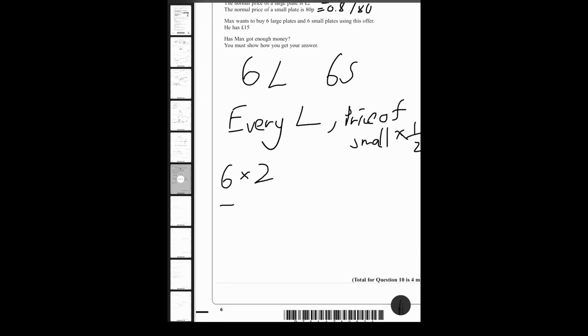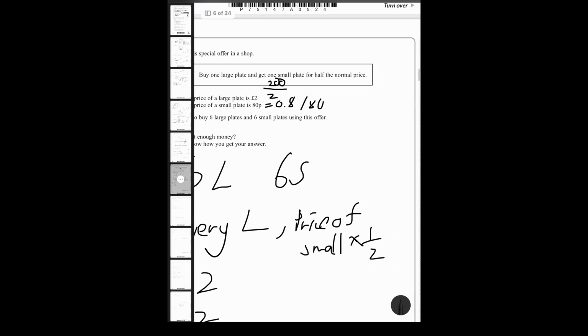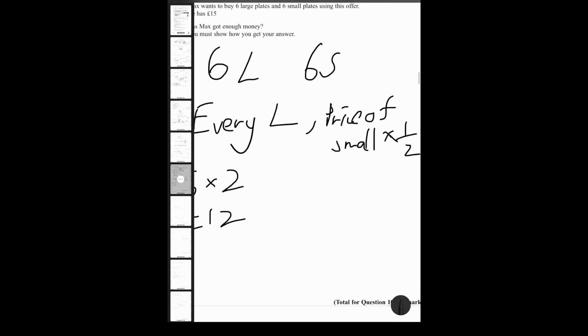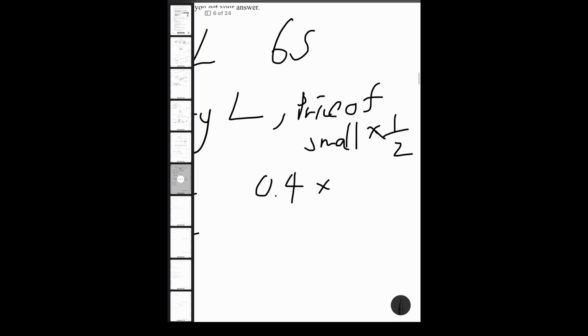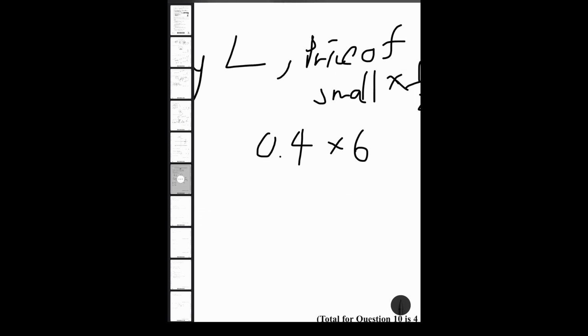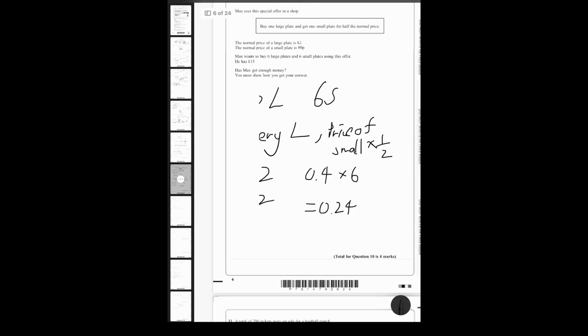This is £12. And out of those 6, the small plates are all half price, which means instead of 0.8 it is 0.4. So you times this, because he's getting 6 of them. If you're confident with decimals, you can ignore the point: 4 times 6 is 24. Slap the point back on, 2.4, right?